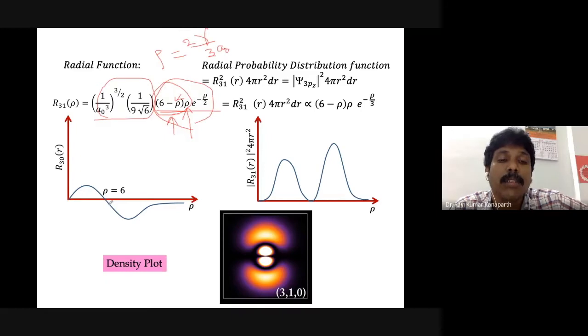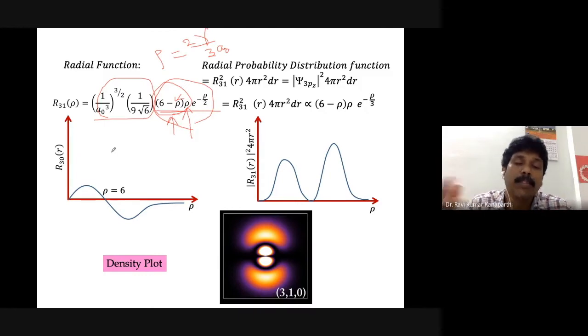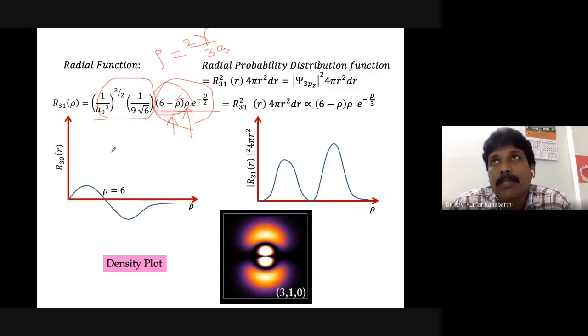At rho equal to 6, that is when 2r by 3a naught is equal to 6, that means r is essentially 3 times 6 by 2, that is 18 by 2, which is 9 a naught. That is the value at which the radial function becomes 0.